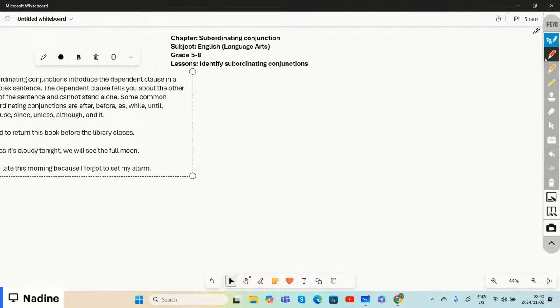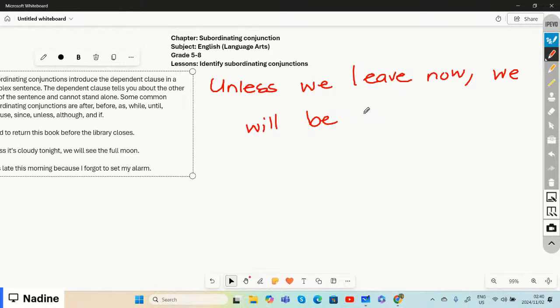And if we look at an example of a subordinating conjunction, then we can also say, okay, I have one. It says, unless we leave now, we will be late. What is our subordinating conjunction within that sentence?